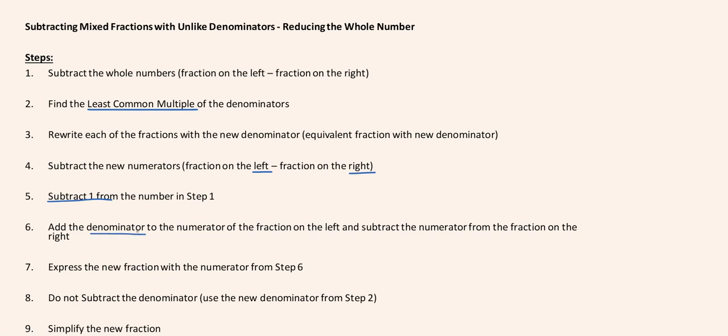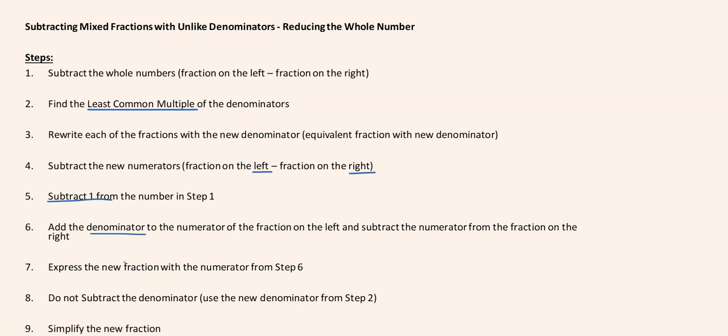And then we're going to add that numerator to the fraction on the left, and then we now have a larger numerator on the left, and then we can subtract the one on the right from it. And then we're going to express the new fraction in simplified terms. And then remember never to subtract the denominator, and you will simplify the fraction that you get.